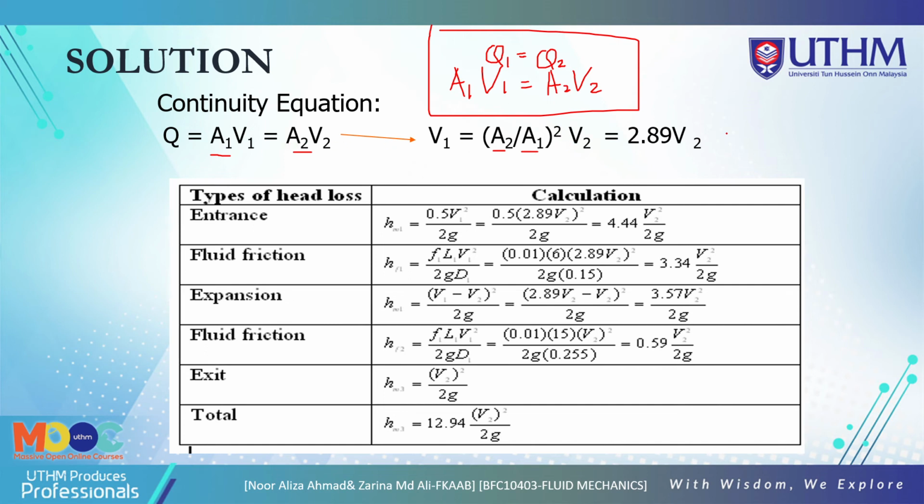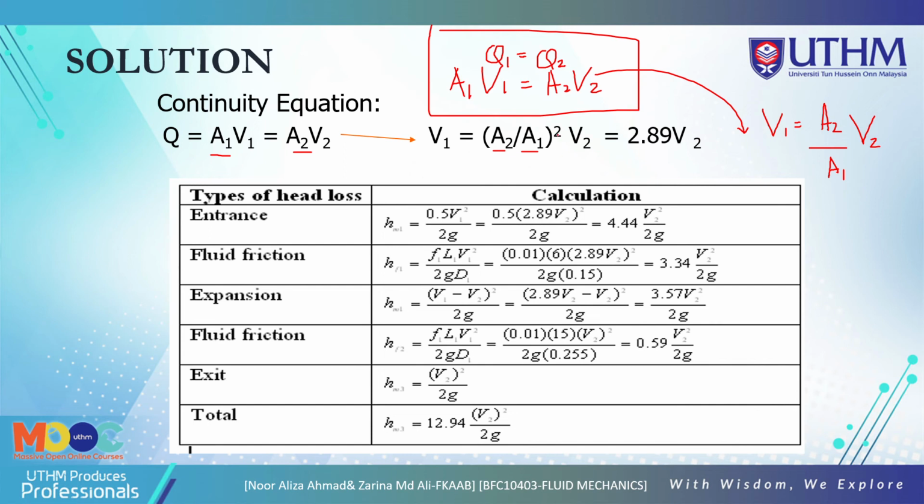So you get V1 from here. V1 is equal to A2 over A1 times V2.